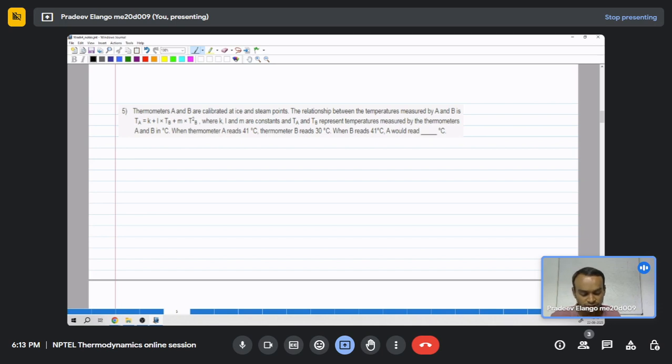When thermometer A reads 41 degrees Celsius, thermometer B reads 30 degrees Celsius. When B reads 41 degrees Celsius, A would read dash degrees Celsius.